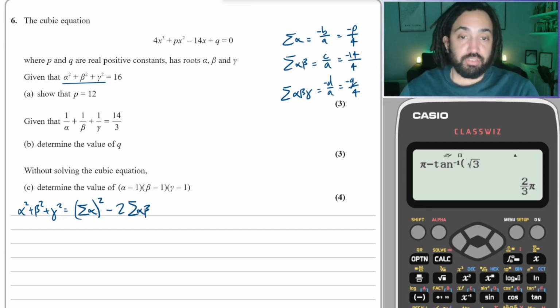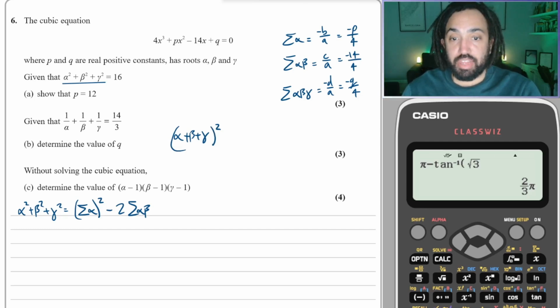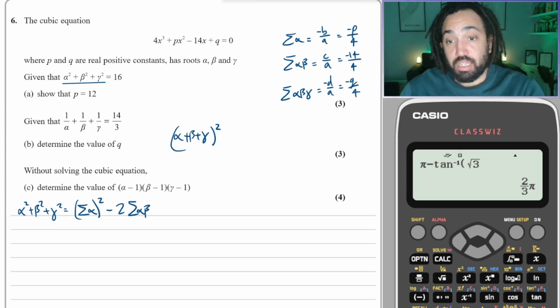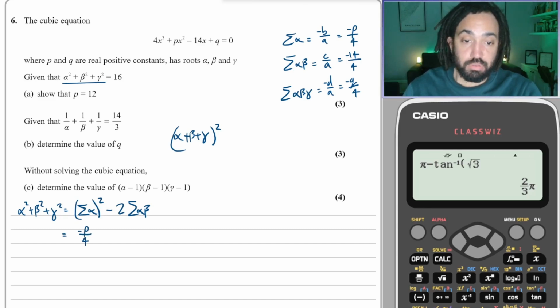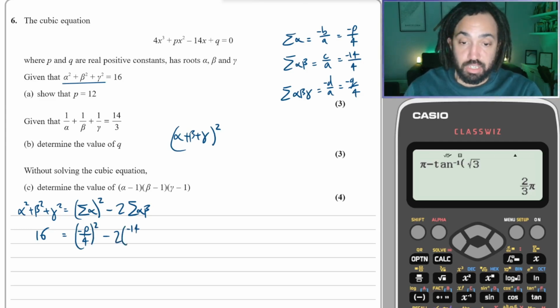I mean, if you don't know that in your exam, you could always just square this out and see what comes out, and then collect them up and see what the pattern is. Okay, but because we know this, I'm just going to go straight into using this. So that's minus p over 4. We know this side is 16, we're told that. Minus p over 4 squared, and then minus 2 lots of minus 14 over 4.